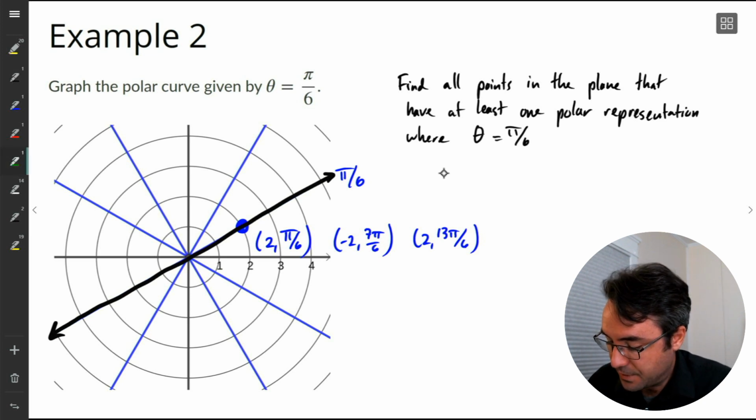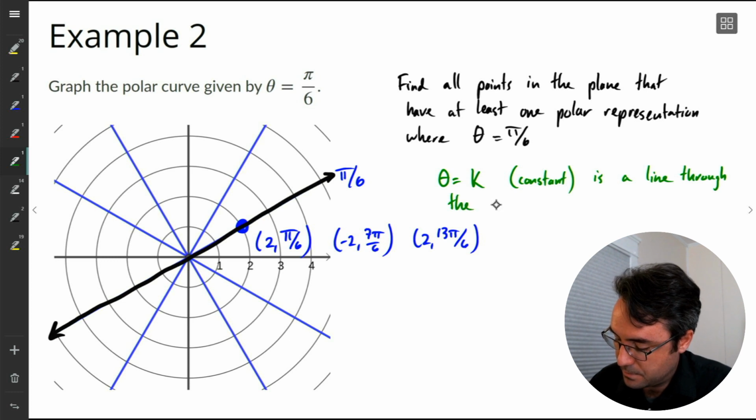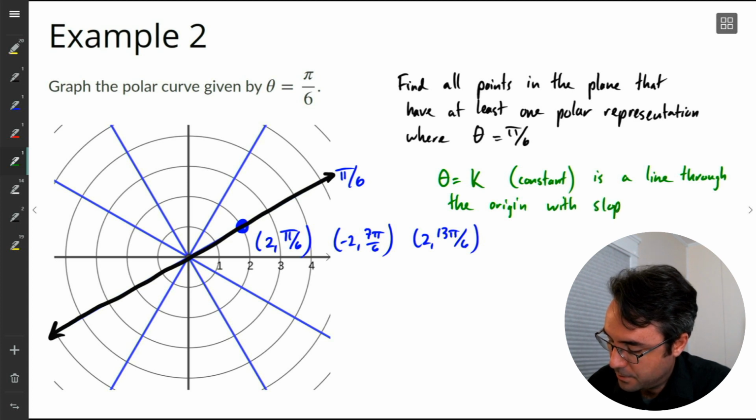So in general, theta equal to a constant k is a line through the origin with slope equal to tangent theta.